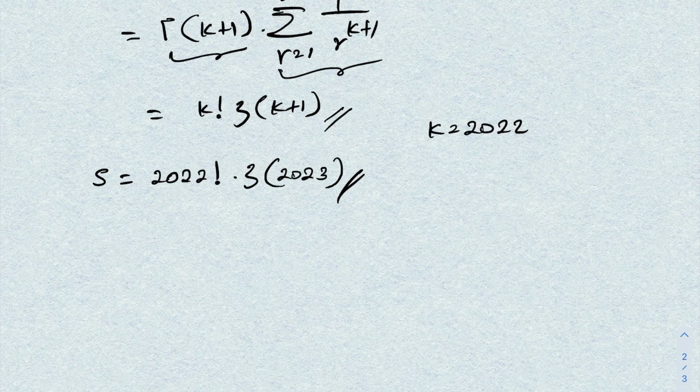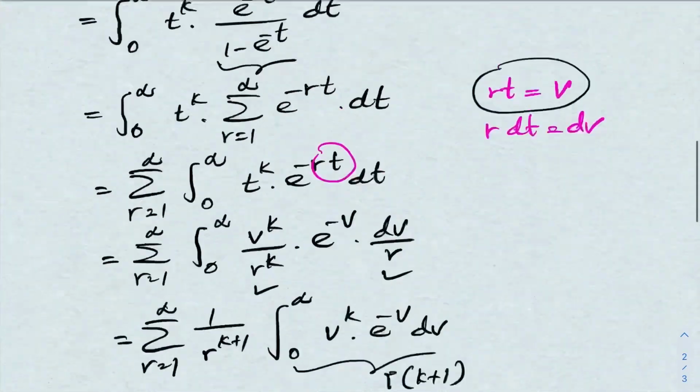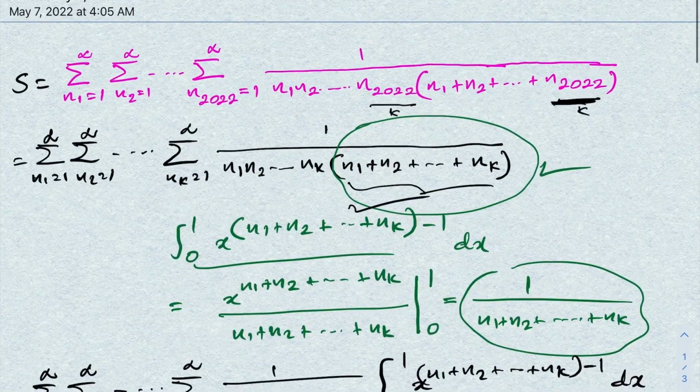I have another interesting thing to show you, because here k is 2022. If we take k equal to 1, we have only one series. So when k is equal 1 we have n is equal 1 to infinity; this is the series, with one term.